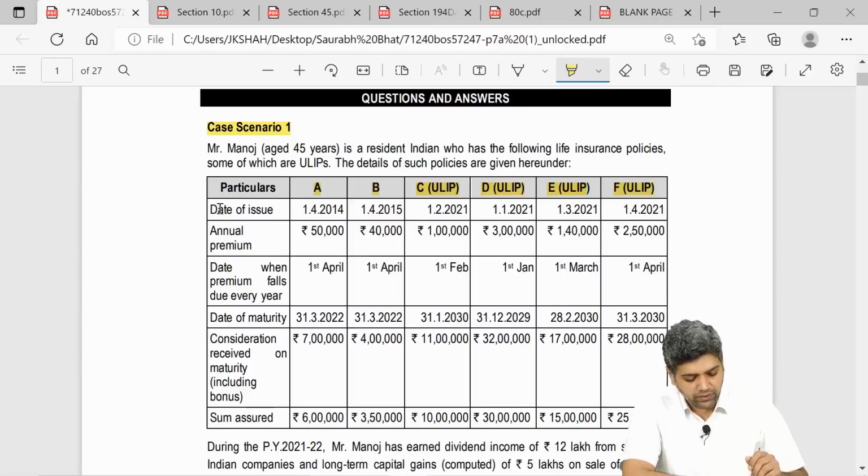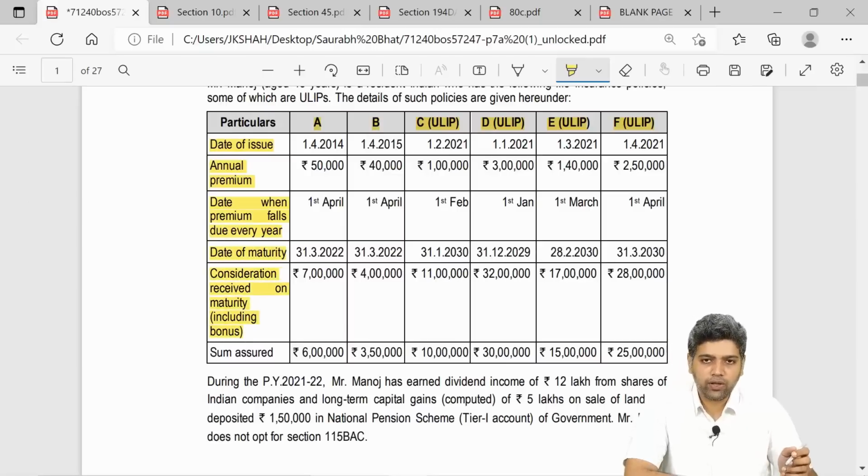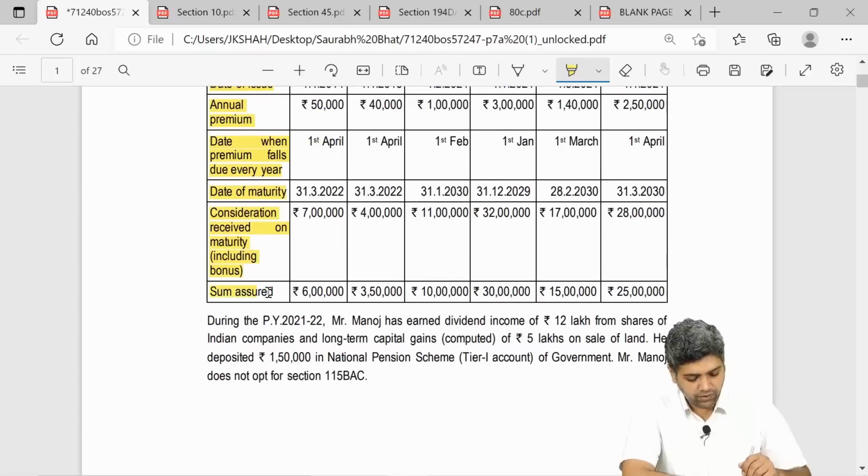They have provided us with the date of issue, the annual premium, the date when premium falls due every year, the date of its maturity and consideration received on maturity including bonus and the sum assured.